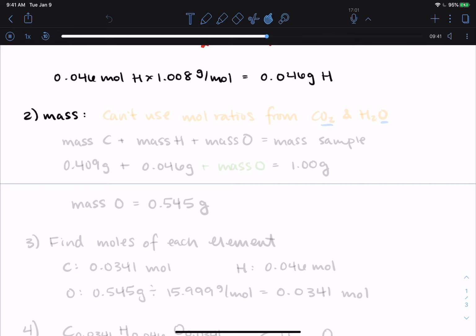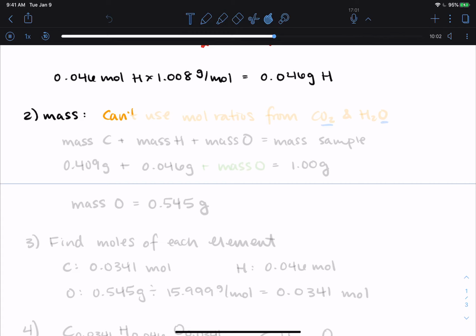And so the question is usually, why can't we use the carbon dioxide and the water? And the reason is that in the combustion reaction, we added oxygen in order for the reaction to go. So let me get a different color here.